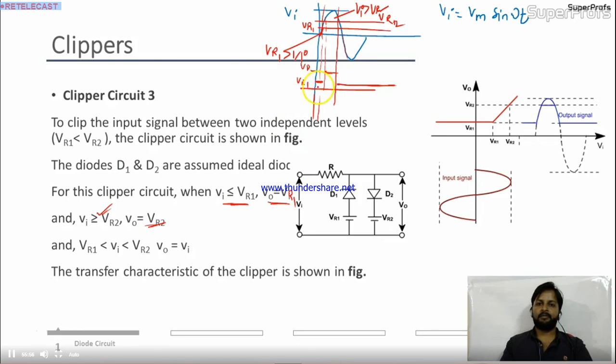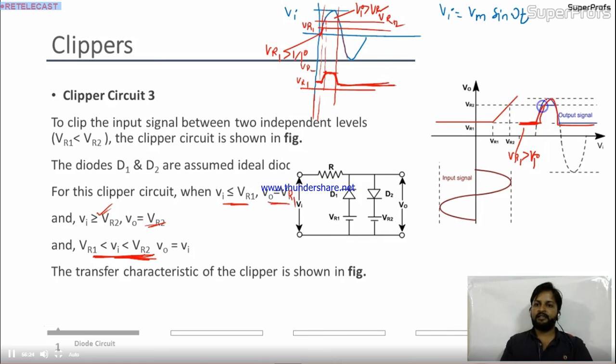What about the region in between VR1 and VR2? In between VR1 and VR2, the output follows input. So the waveform will be like this. Is it clear to you? This is the condition where VR1 is greater than Vi, the first condition.